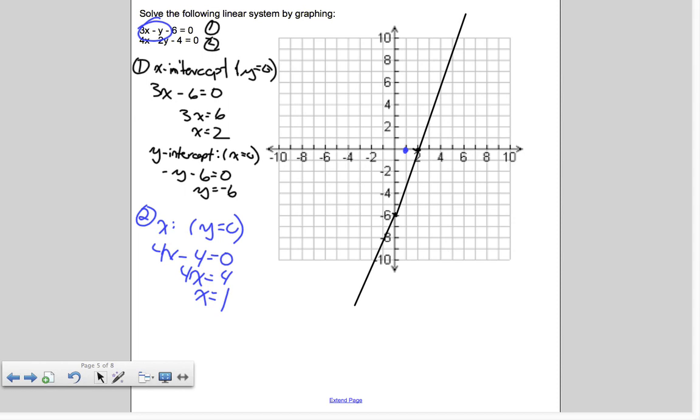Oh, so did you just find it by? Here I added y to both sides and I put them in one step. How did you get y equal to 6? I added 6 to both sides and then multiplied by negative 1. Let me add this next step.